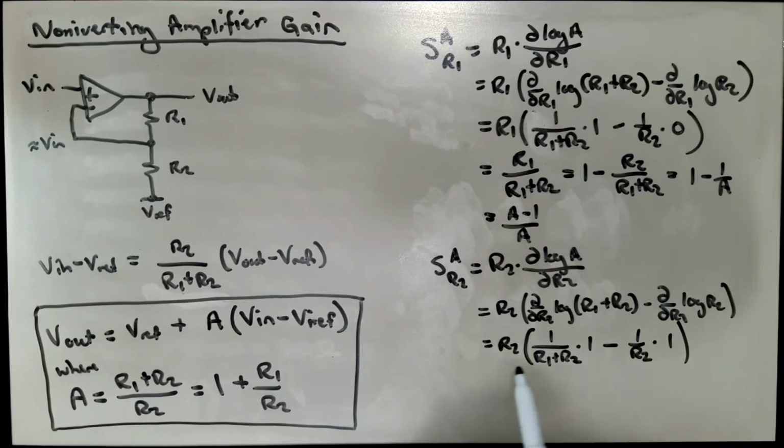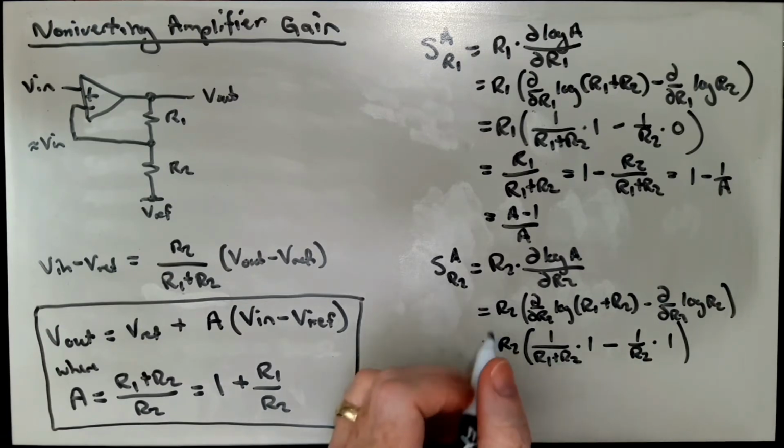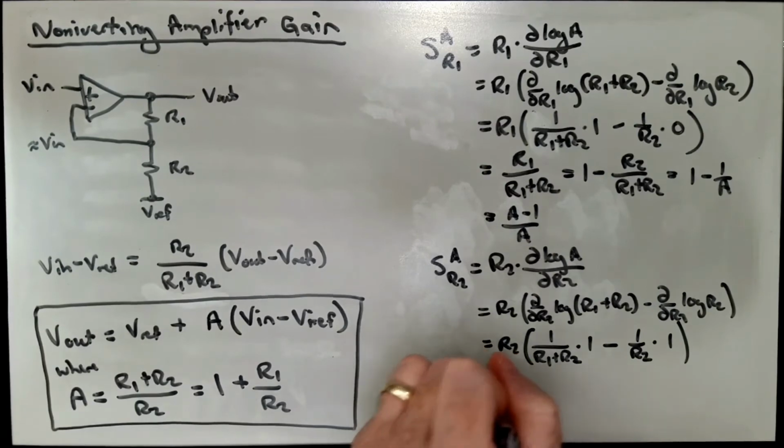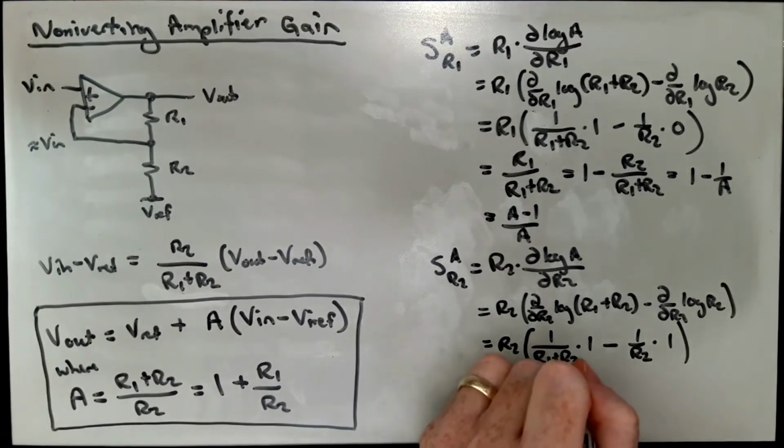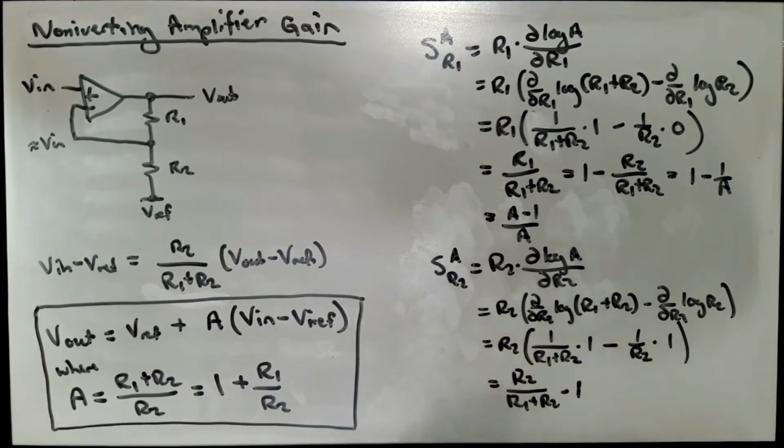And so we can multiply the R2 through, and we get R2 over R1 plus R2, and minus 1. The R2s cancel in the second term. So this is equal to R2 over R1 plus R2 minus 1. And of course this is just 1 over A minus 1.